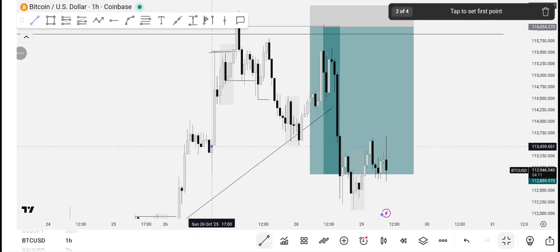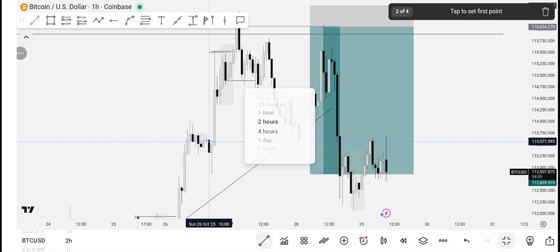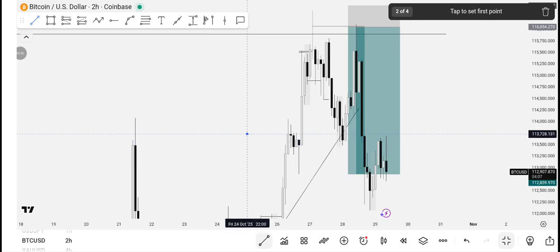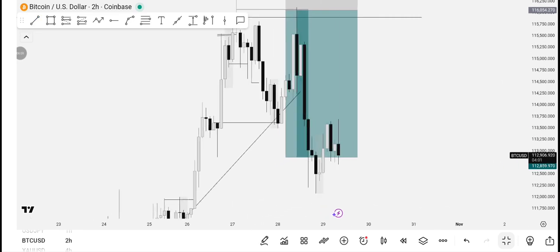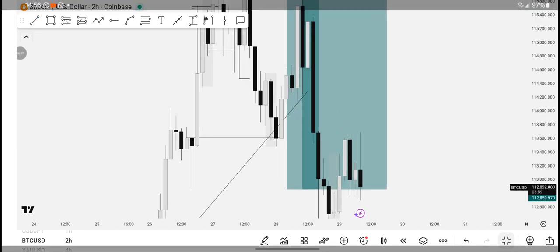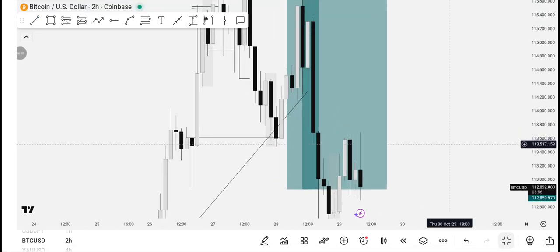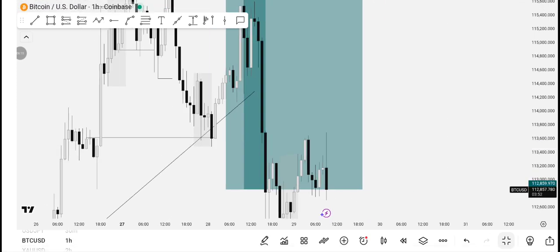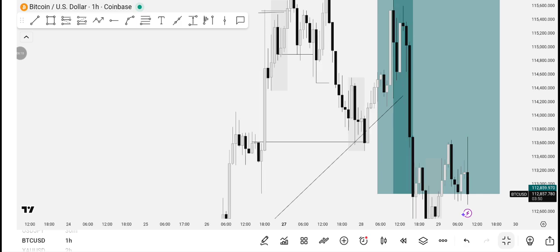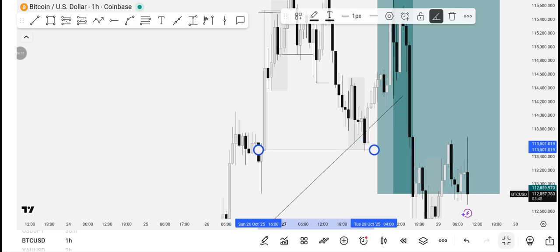Here was my original point of interest. This other block was my point of interest earlier, but I decided to pick my entry from the 1-hour OCL level, around here.